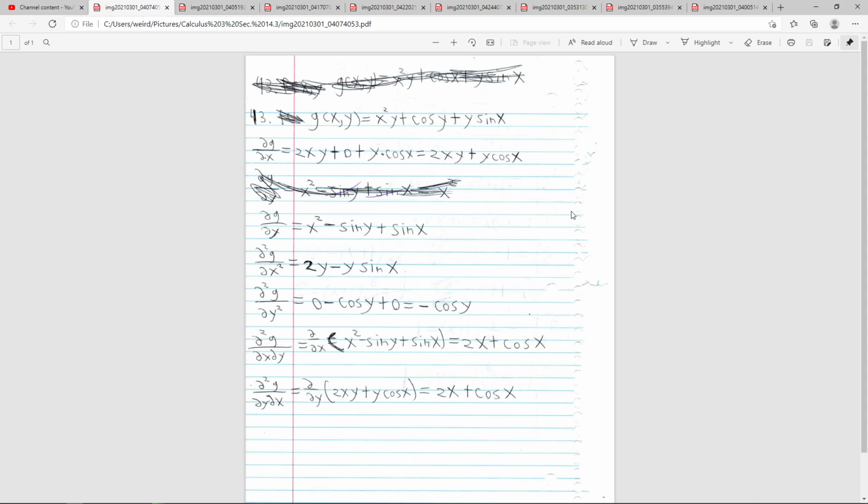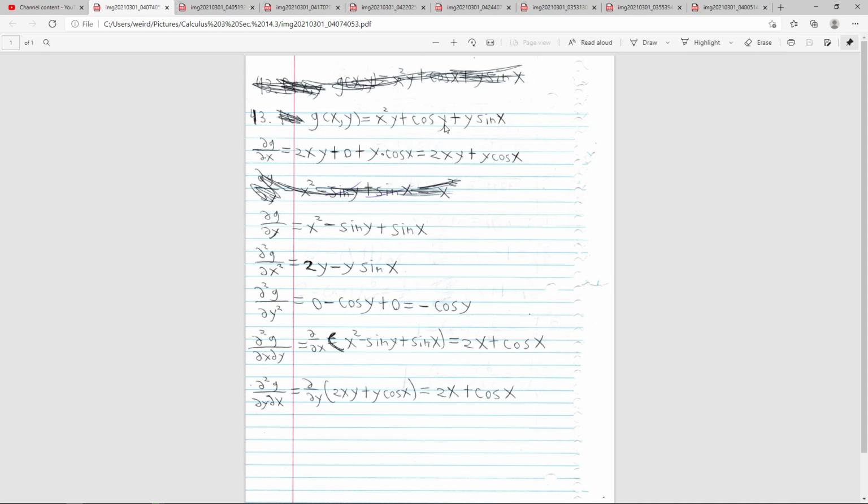Okay, in this one, x squared y plus cosine y plus y sine x. We have 2xy plus 0 plus y times cosine x equals, the derivative of g with respect to x is, you take down the 2, cosine y is just going to be 0 because y is constant, so anything involved, cosine or sine of y will be 0 because it's just a constant.